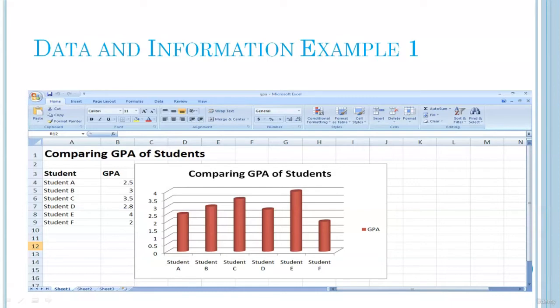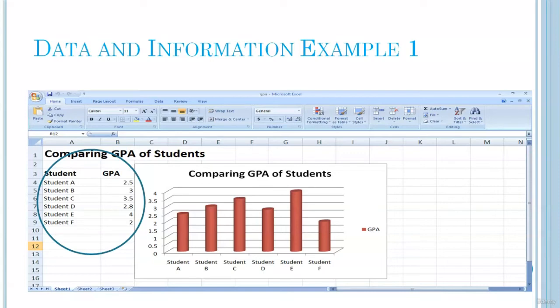You can see that student A has obtained a GPA of 2.5, student B has obtained a GPA of 3, student C has obtained a GPA of 3.5, and students D, E, and F have obtained GPAs of 2.8, 4, and 2 respectively. However, these numbers don't mean a lot to you, or in other words, they are not useful for you.